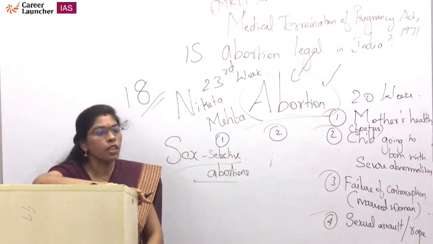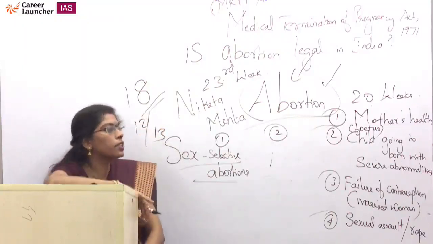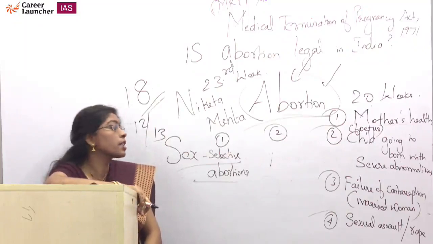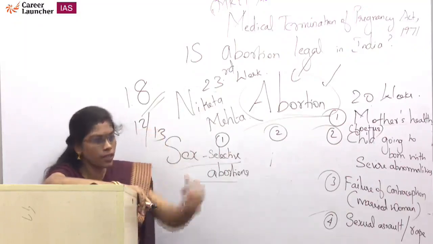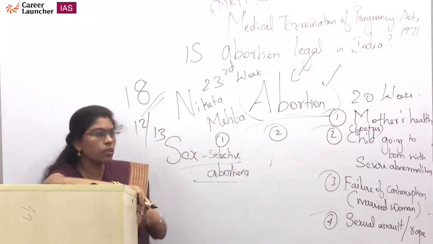She was only 12 or 13 years old. She applied to the court also. She made an appeal, but the court rejected her plea because she had crossed that many weeks. Then she gave birth to a baby boy. It came in the newspaper also.